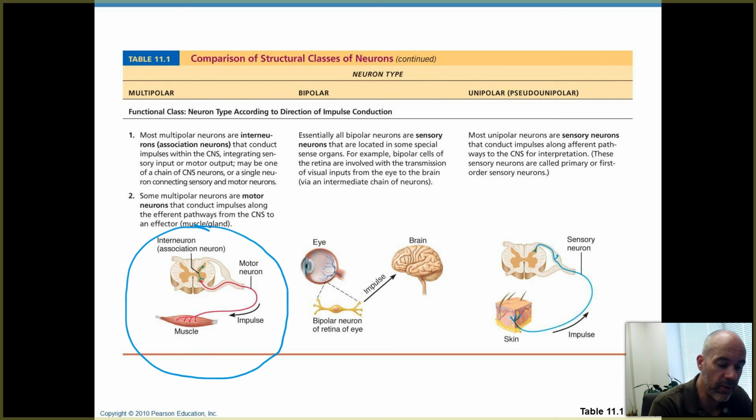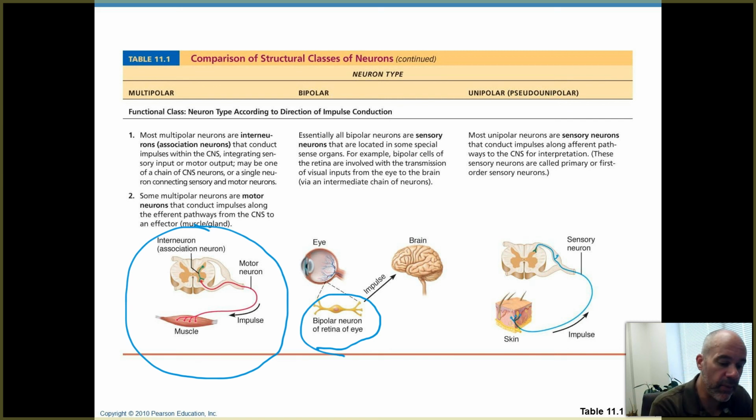The bipolar neurons, and those are generally going to be multipolar neurons. Bipolar are kind of uncommon. They're sensory type neurons, but you mainly find them in the eye. They're involved with our sense of vision. They're sitting in the retinas on the back of the eyeballs where you have your light reception that takes place.